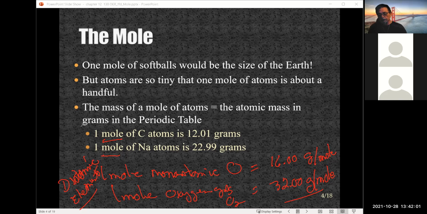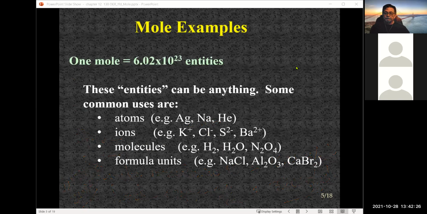And so if I had 2 moles of carbon, I just double that. Wouldn't that be 24.02? Sure would. If I had 3 moles of carbon atoms, I just triple it, and so on and so forth. But we're going to use that ratio method to help us out a little better here. Okay, let us continue.